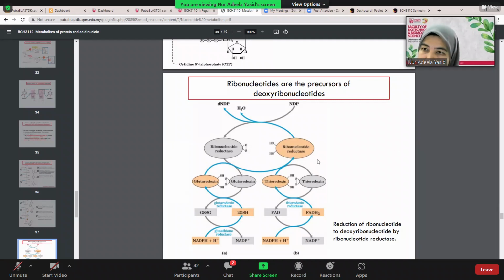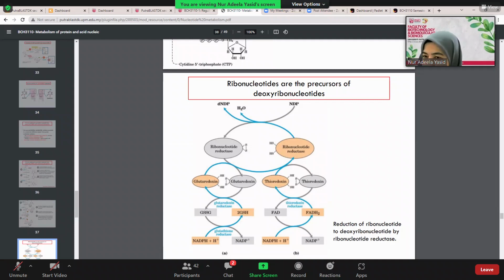What makes the difference between the three classes of ribonucleotide reductase is that class 1 contains iron as a prosthetic group.